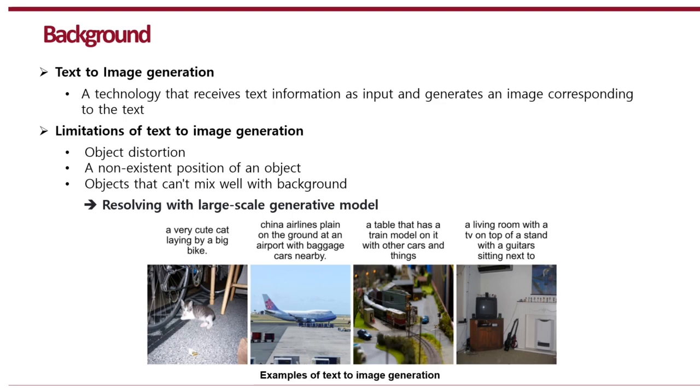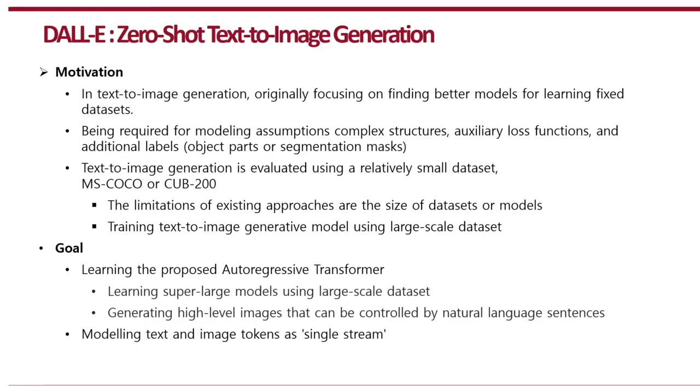Text-to-image generation is often evaluated using a relatively small dataset, MS-COCO or CUB200. There is a text-to-image generative model research paper that used large-scale datasets, because the size of these datasets or models may be a limitation of existing approaches.